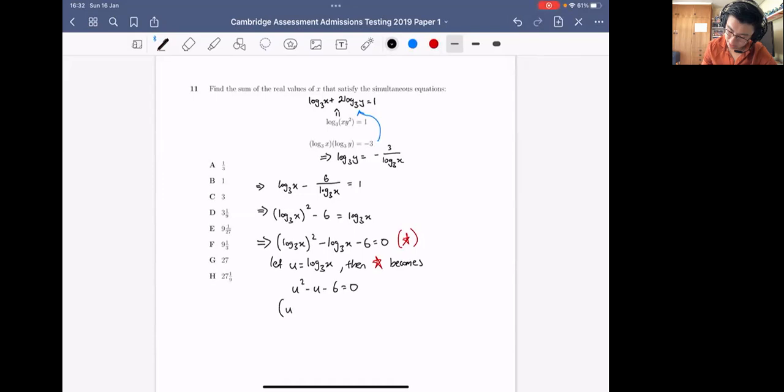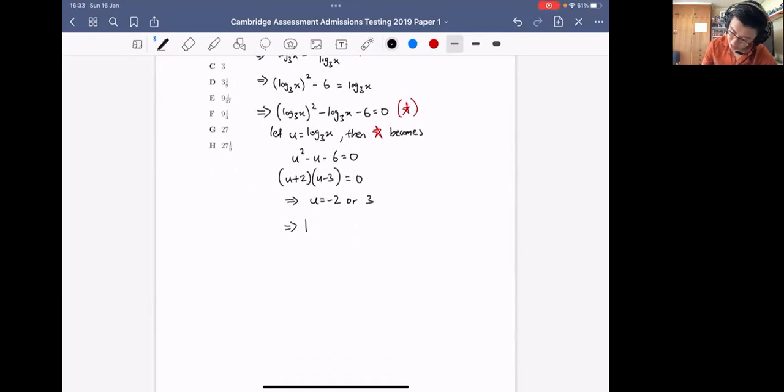And yes, this factorizes nicely. U plus 2, u minus 3. Yep. So u is equal to minus 2 or 3. But then this means log 3 of x is minus 2, or log 3 of x is equal to 3.